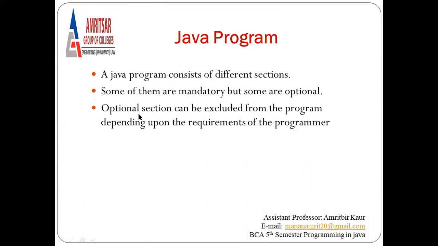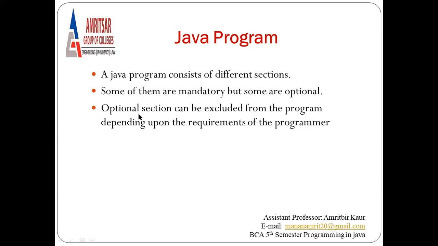There are a number of sections. Some are mandatory, but some are optional. Optional sections can be excluded from the program, means we can skip them as per our requirements. But some mandatory sections cannot be removed from the program.